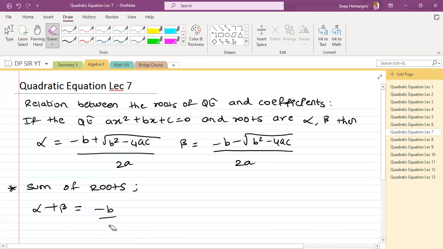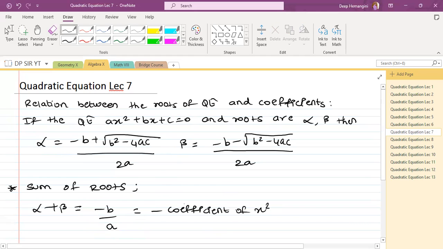If you are excited to know how it came, you can refer to your textbook, and to maintain your excitement, you can just add both, alpha plus beta, and you will get minus b upon a. This minus b upon a is nothing but minus the coefficient of x, upon the coefficient of x square. If you look at the general form, ax square means the coefficient of x square is a, and the coefficient of x is b.